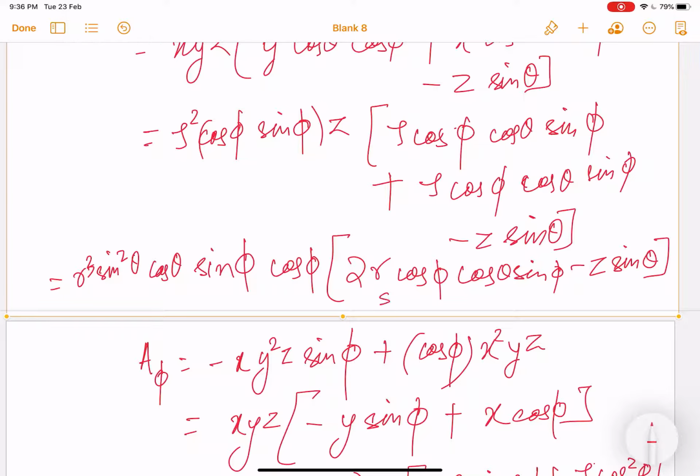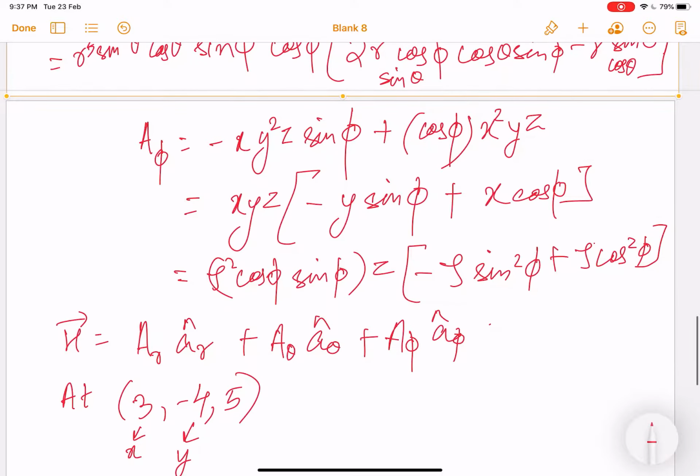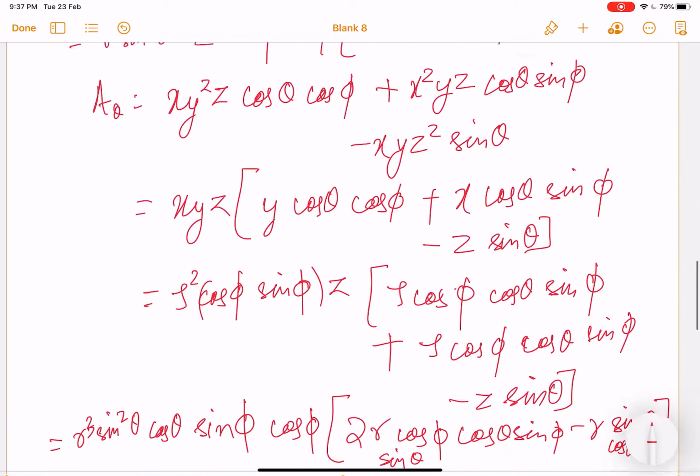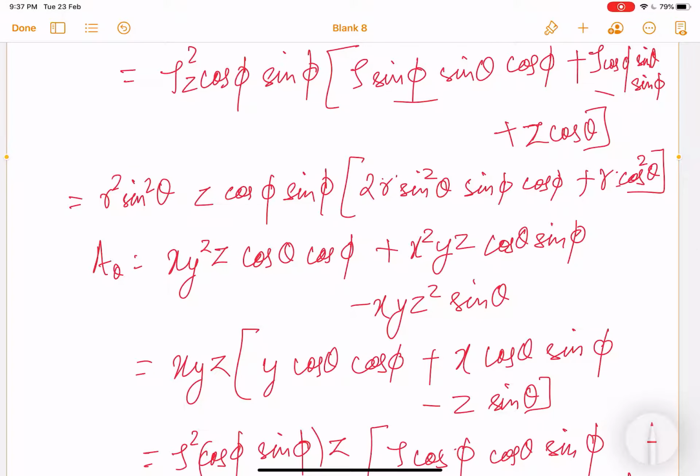And over here this is z sine theta, so instead of z I'll write r cos theta. I hope this is clear. Then next, here again, in this previous one also I missed z. Instead of z I have to write r cos theta.